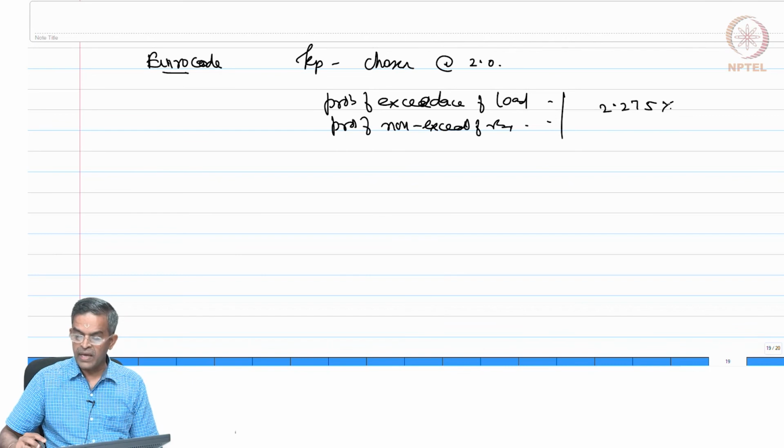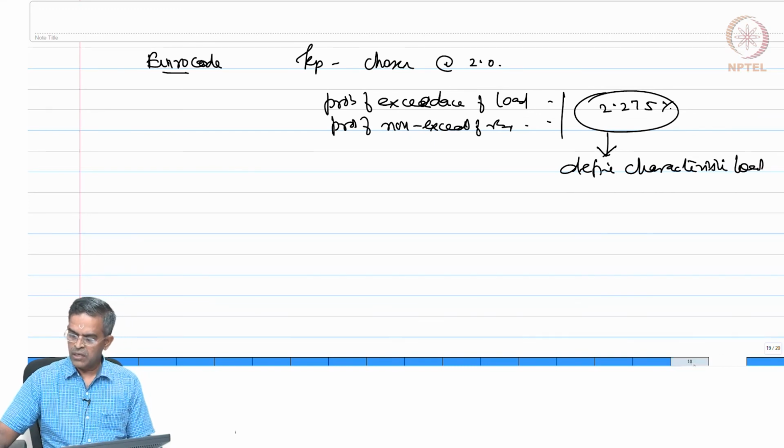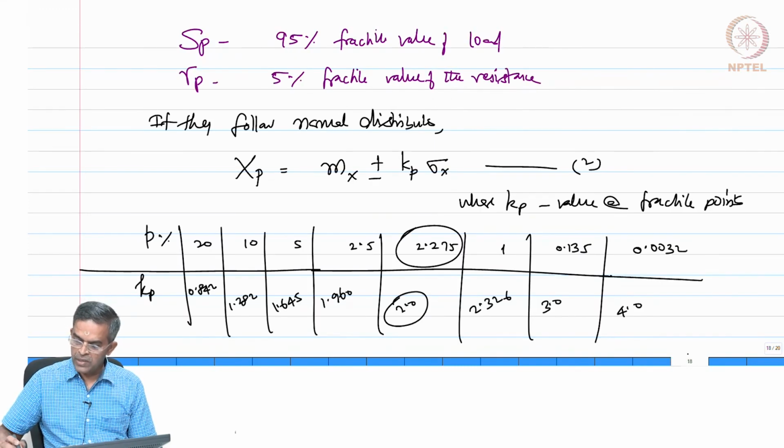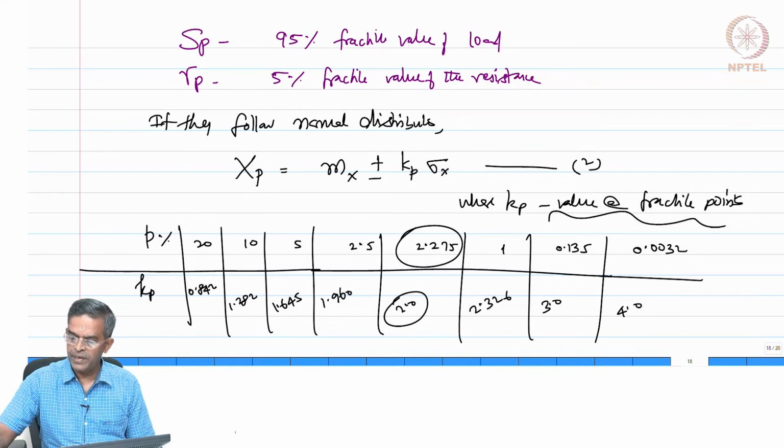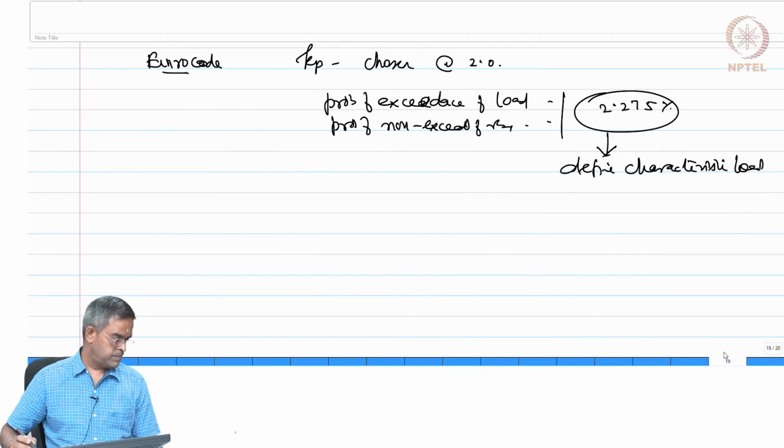So, they define characteristic load based on this. So, characteristic loads are defined based on the values at the fractile points of our choice, assuming that load and resistance obey or follow normal distribution.